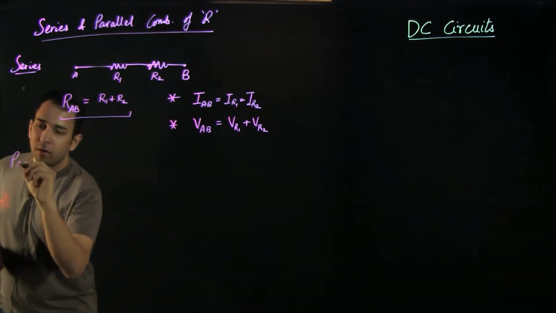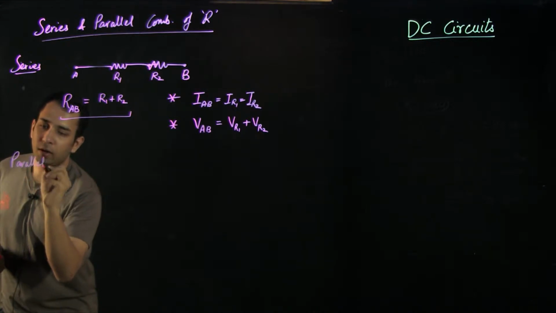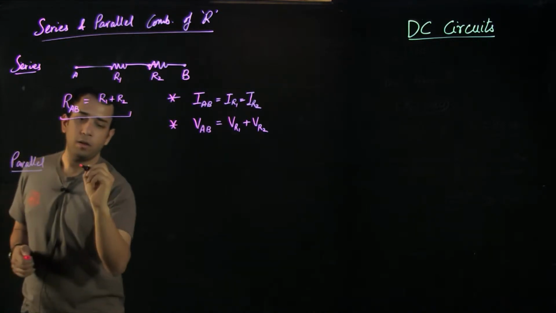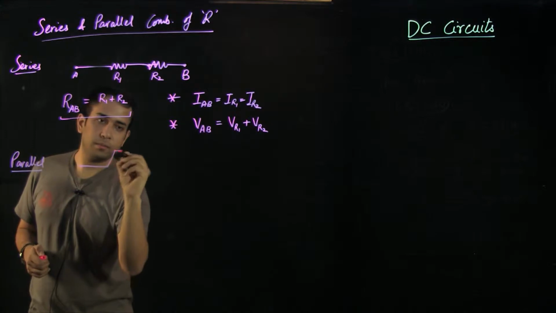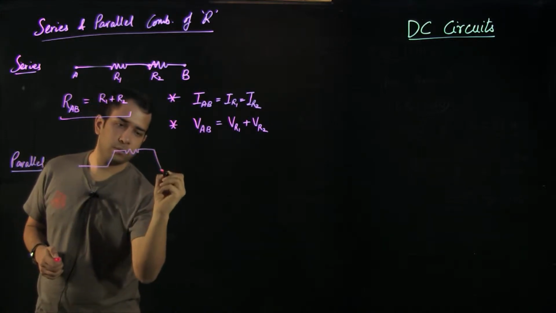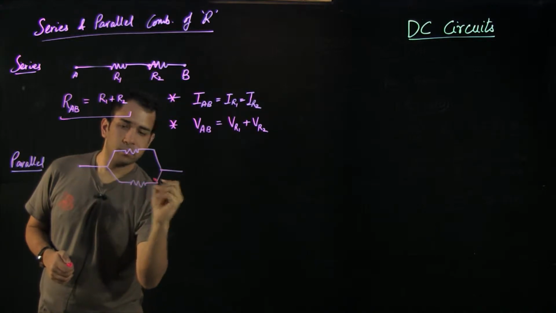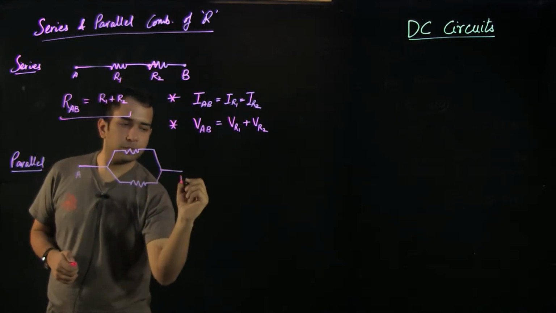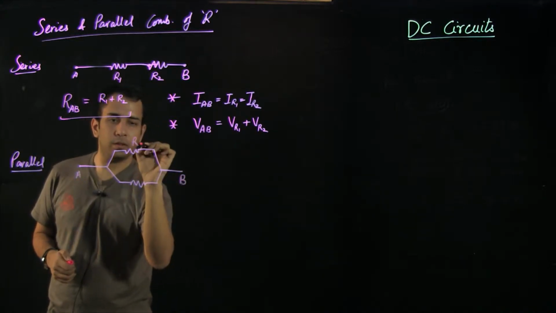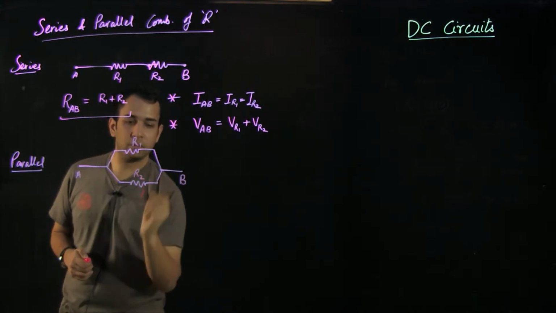Similarly, for the parallel combination, we see that this is A, this is B, this is R1, this is R2.